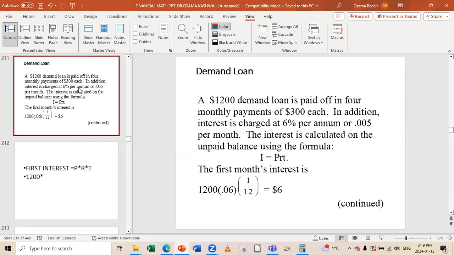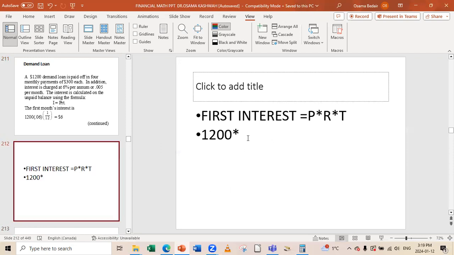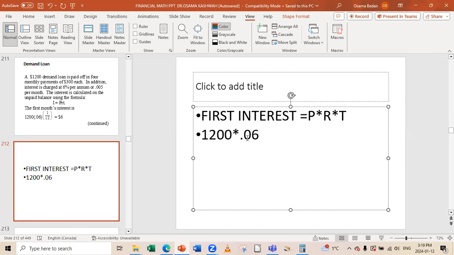In the example here, let us go back. He said that the rate is 6% for a year or 0.005 for a month. So here we will work on the 6%. So I will say here, the rate is 6%, so this will be 0.06, multiplied by the time period.